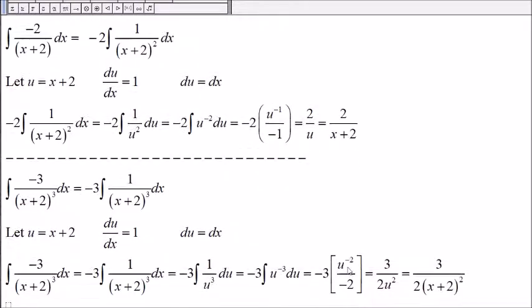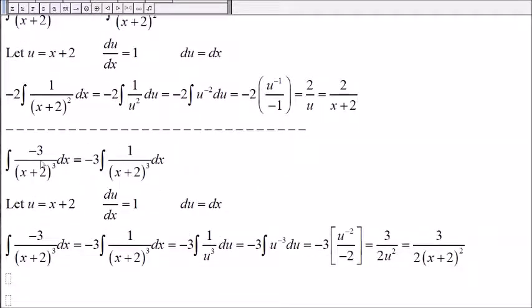And then similarly, for the last integral, negative 3 over x plus 2 to the third. Also let u be x plus 2, and we get du as dx. And so this integral becomes negative 3 times the integral of 1 over u to the third, which is u to the negative 3.